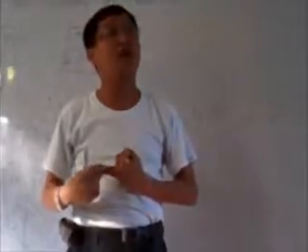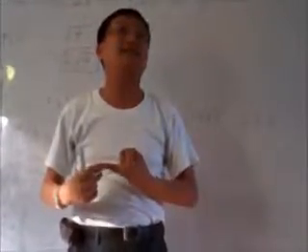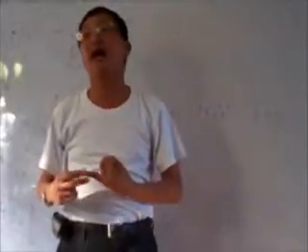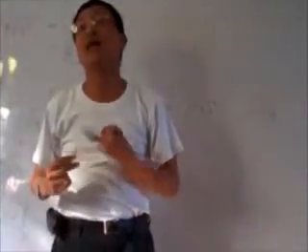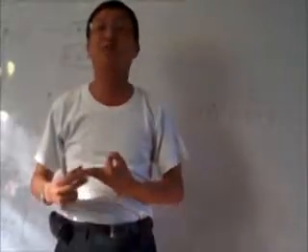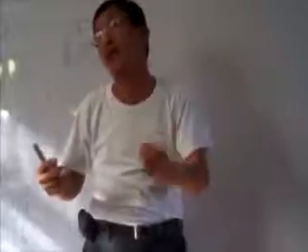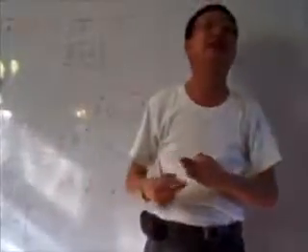Rule 2, make the index as small as possible. Rule 3, there should be no radicals in the denominator, or the denominator cannot be in the form of radicals. And we have now rule 4, which is make the radicand as small as possible.